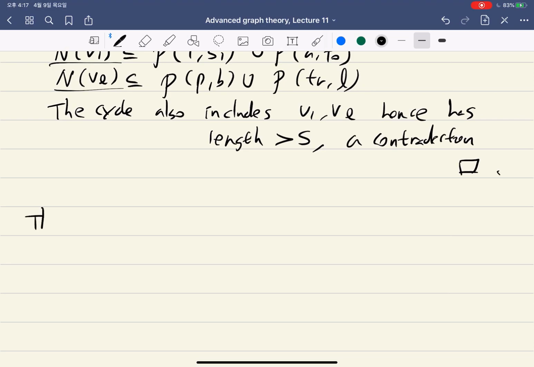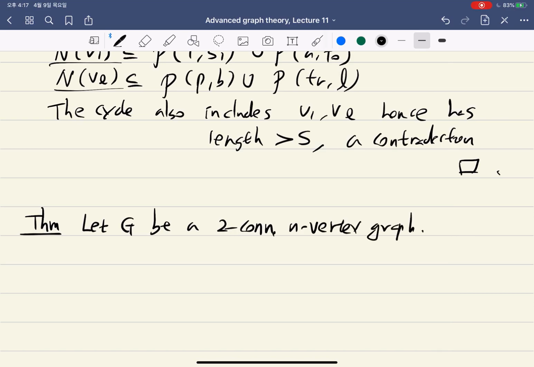So using this, we can prove the long cycle version of Euler's theorem, which implies the long cycle version of Dirac's theorem as well. Let G be a two-connected n-vertex graph.